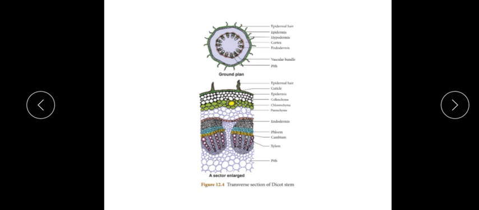Okay, the next layer just below this. Below the epidermis, you have the many-layered structure that is called the hypodermis. This hypodermis is a layer made up of collenchyma cells. Now, what is this collenchyma?